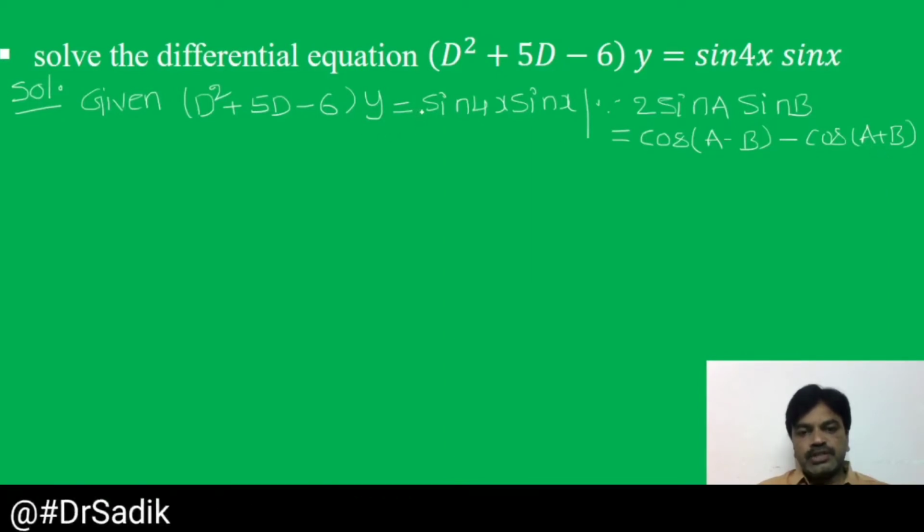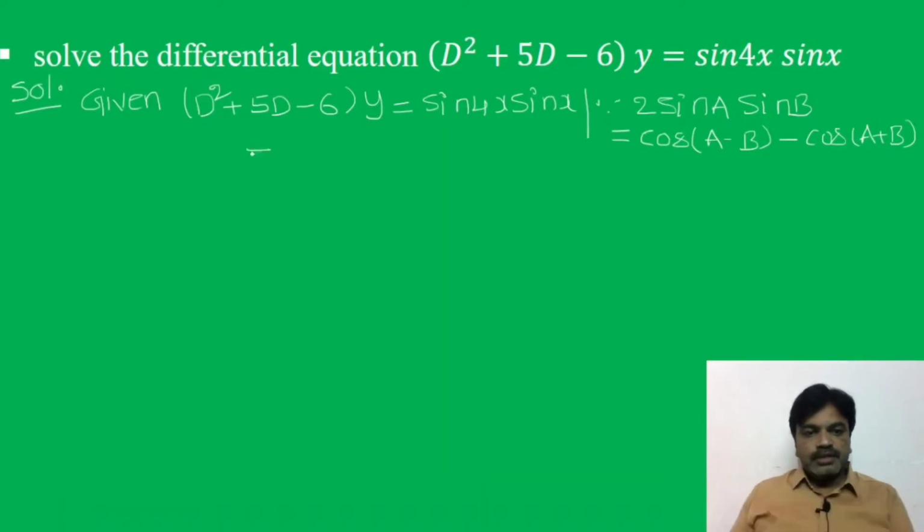Now, what is the missing term here? The missing term is 2, friends. So it can be written by multiplying and dividing by 2: 1 by 2 into 2 sin 4x sin x. Now this is a and this is b.